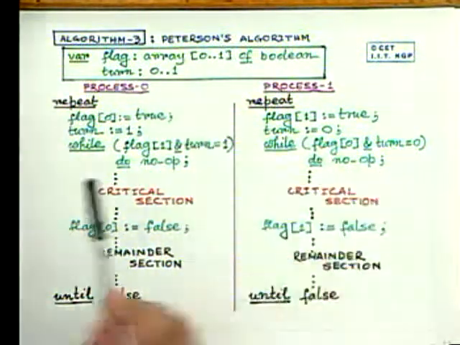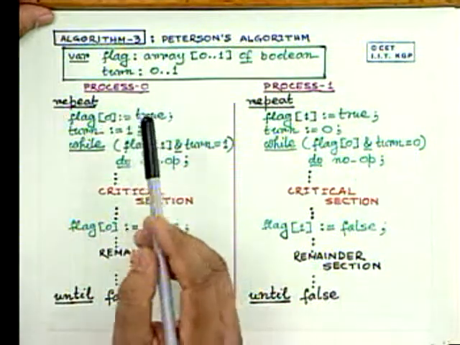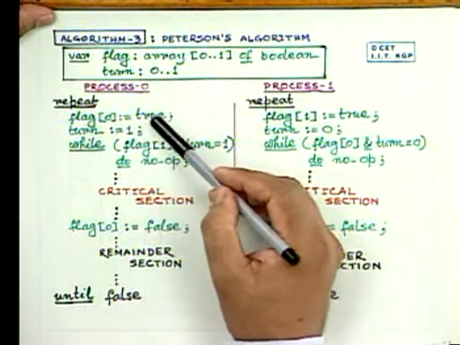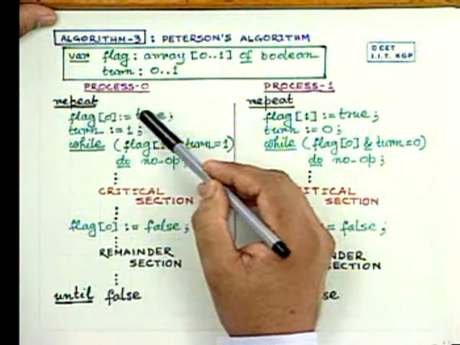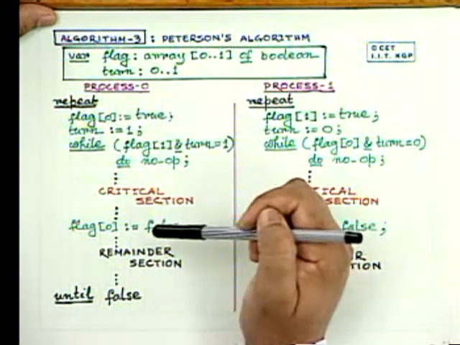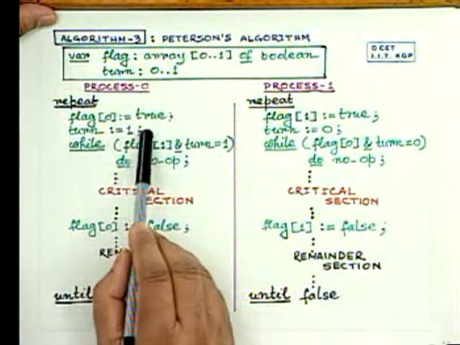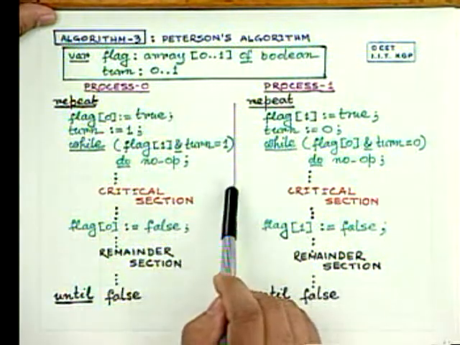And here is the instruction sequence for process 0. It first makes flag 0 equal to true. That means the status is that it wishes to enter the critical section. And it sets turn equal to 1. That means it gives the opportunity to process 1 to enter its critical section.